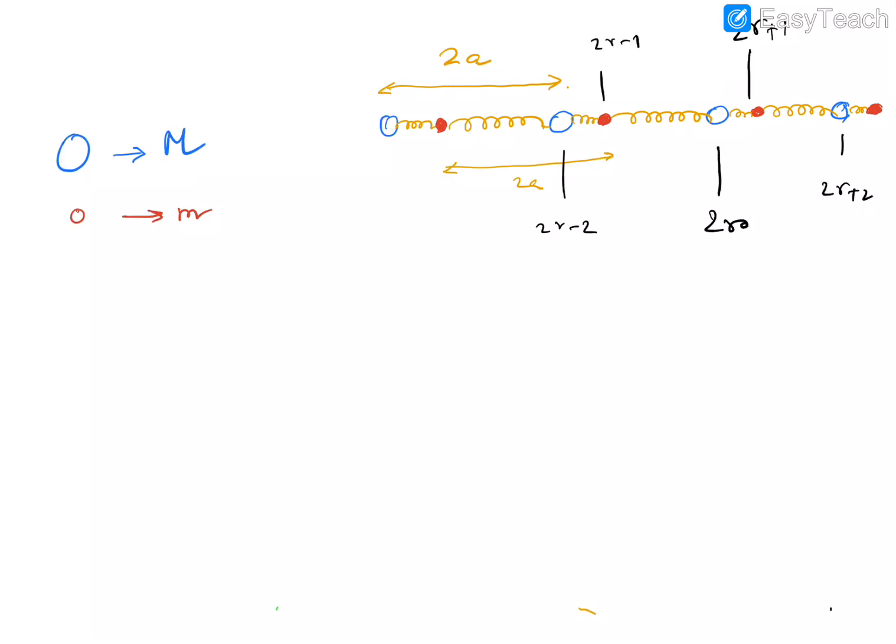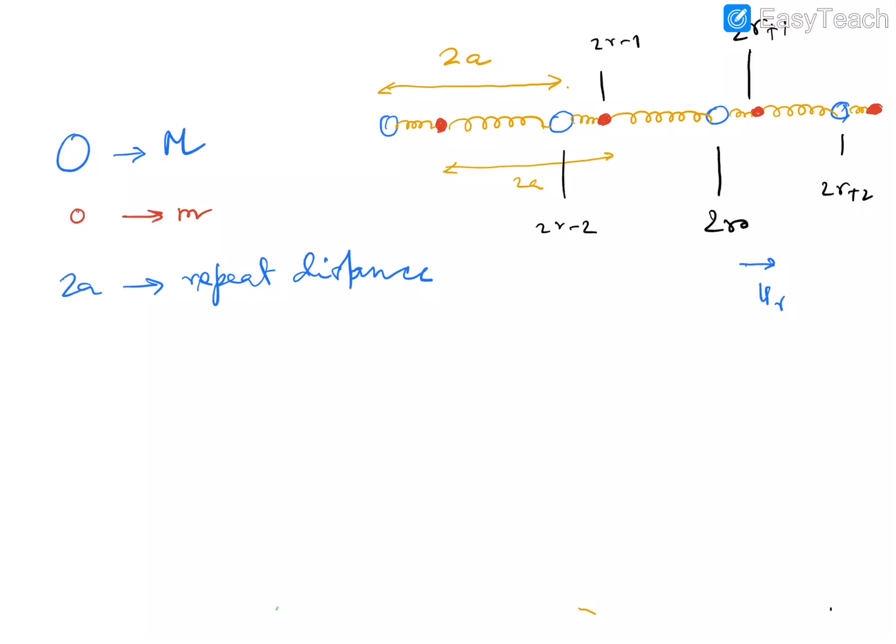All right, now as we have written earlier, we will write the equation of motion. What we have considered is that 2a is the repeat distance in this case. Now we look at the displacement of these atoms. We are again considering longitudinal displacement.